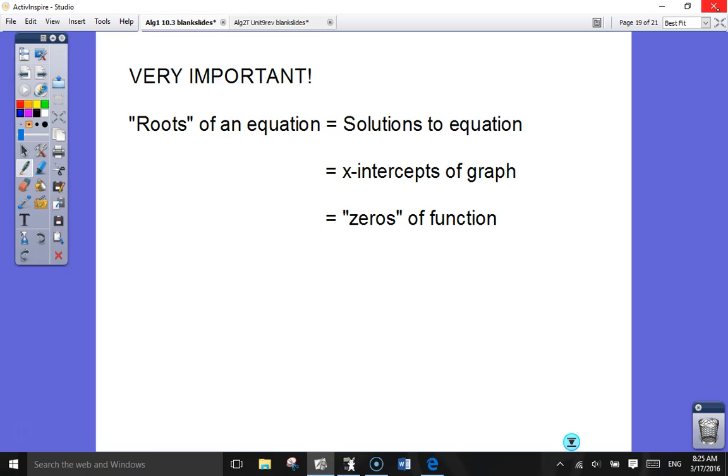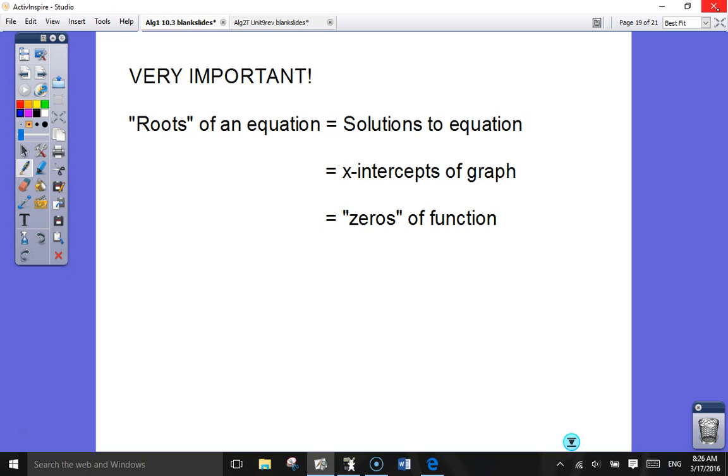They're also the x-intercepts of the graph of the function, which are also known as zeros. Those things all have a precise meaning, but we use them interchangeably, which is kind of sloppy sometimes. If somebody says find the roots, it means find the solutions, right? So just keep in mind all these words are really referring to the same thing.